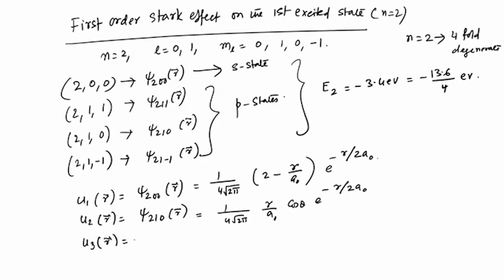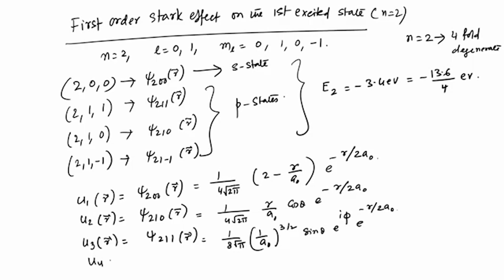u3(r), this is equal to psi 2 1 1, and this is equal to 1 by 8 root pi, 1 over a0 whole to the power 3 by 2, sine theta, e to the power i phi, e to the power minus r by 2 a0.